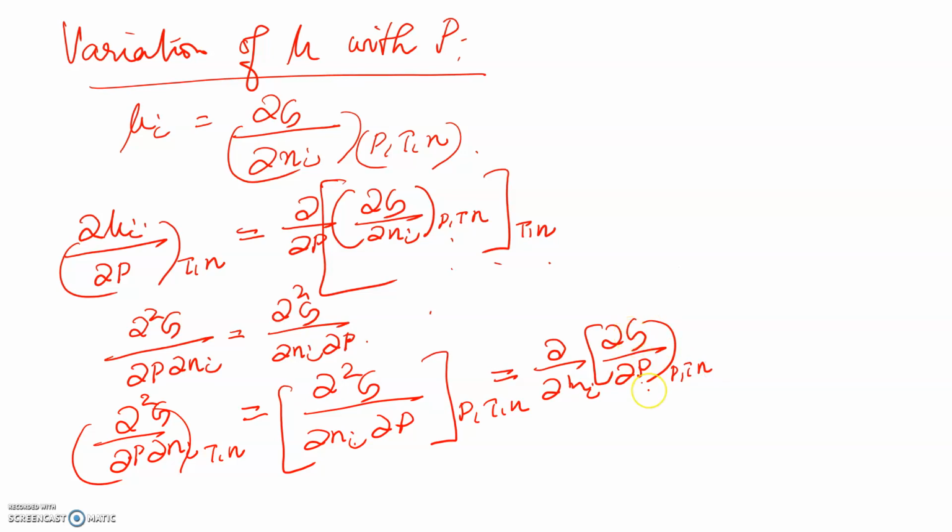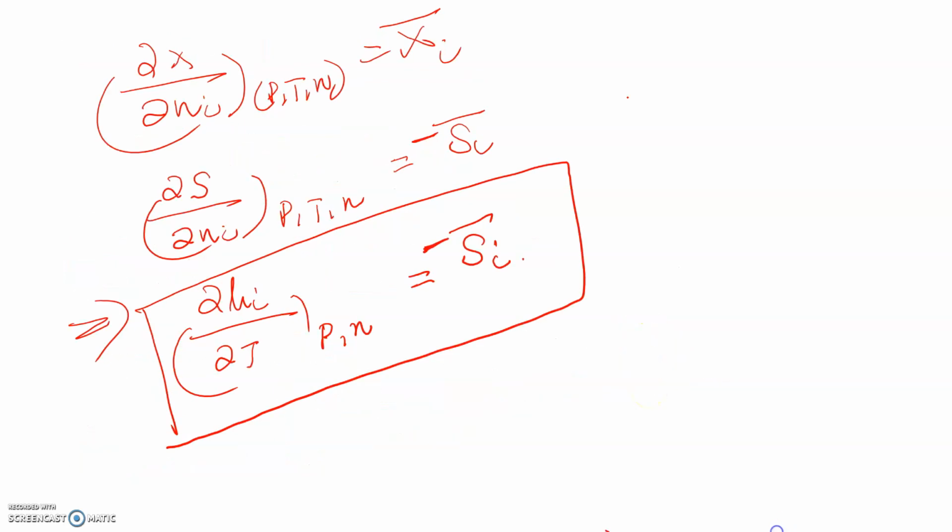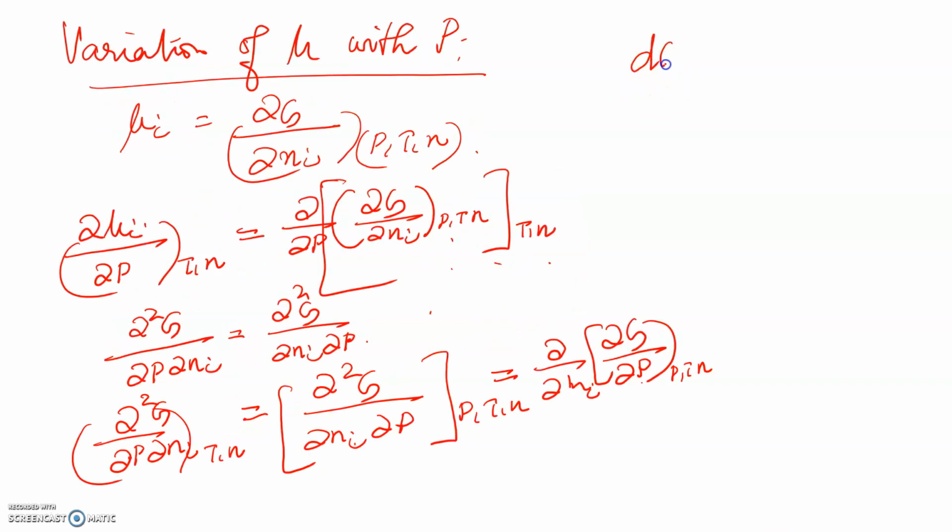To find dou G by dou P, what will we do? We have dG, like before, dG is equal to VdP minus SdT. At constant temperature, dT is equal to 0, so dG is equal to VdP.